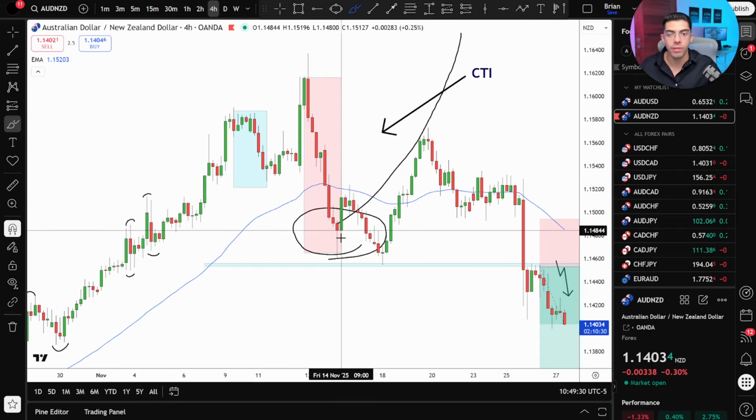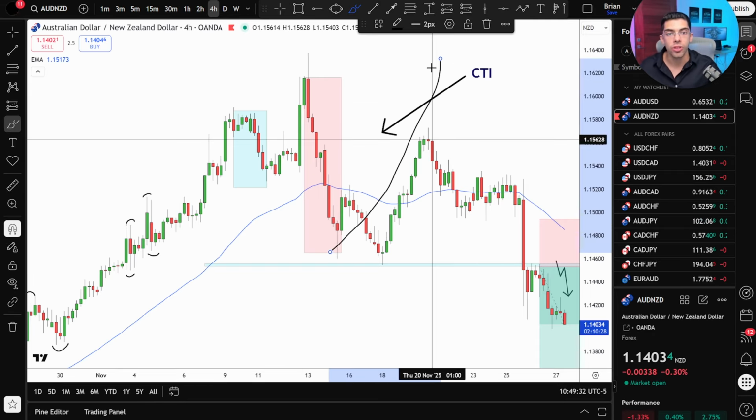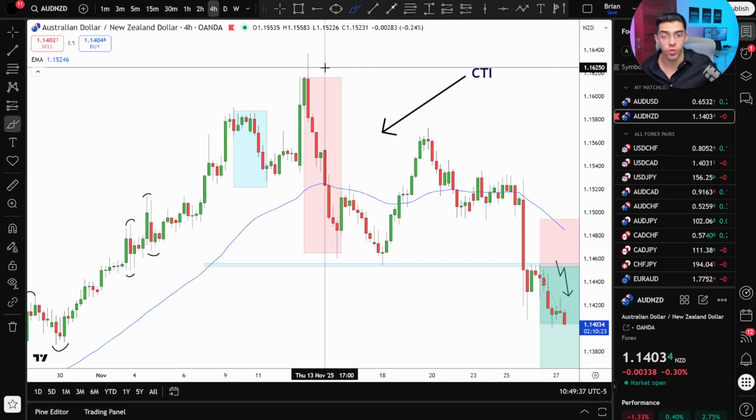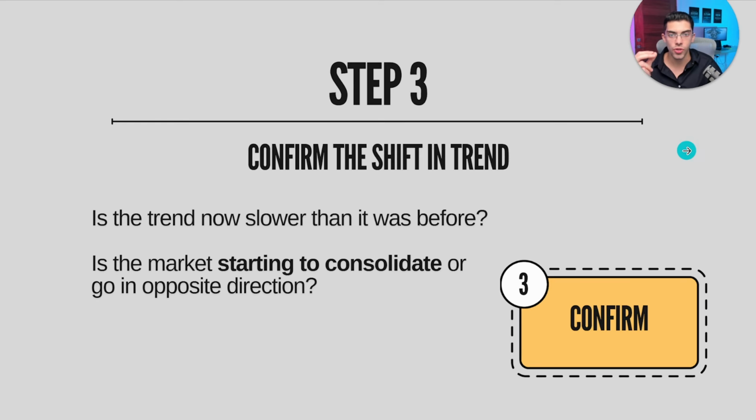It's not going to go all the way back up, so you do not want to take a buy. I'm gonna get into that now in step 3, step 4, and step 5, but one of two things is gonna happen. It's either gonna shift into a consolidating market, or it's going to completely change into a bearish market. So with that being said, let's get into step 3.